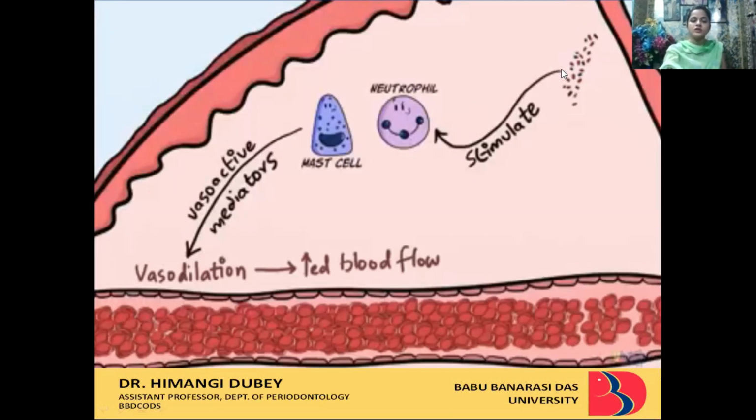Along with vasodilation, mediators of inflammation also increase vascular permeability, which leads to escape of plasma fluids containing proteins. This is called an exudate, and it is this exudate that escapes out via the sulcus as gingival crevicular fluid.